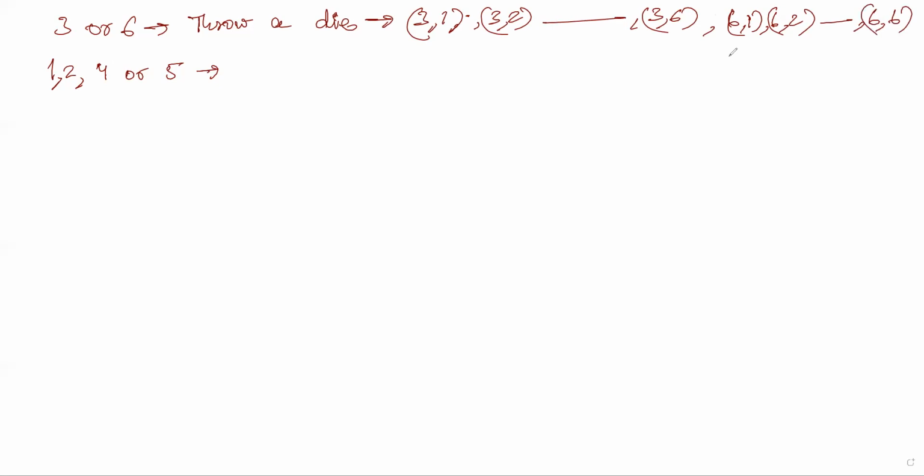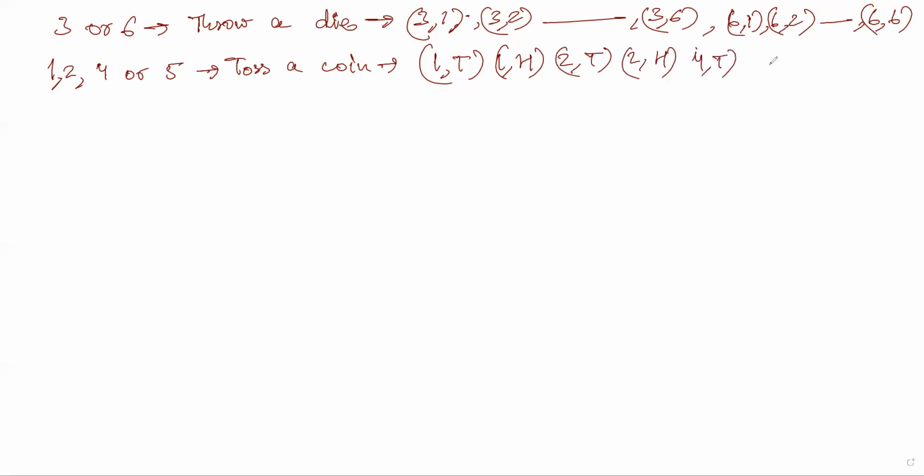Right? And if 1, 2, 4, or 5, then we have to toss a coin. In that case, the outcomes would be 1 tail, 1 head, 2 tail, 2 head, 4 tail, 4 head, and similarly 5 tail, 5 head. So this should be the sample space, Fatima.